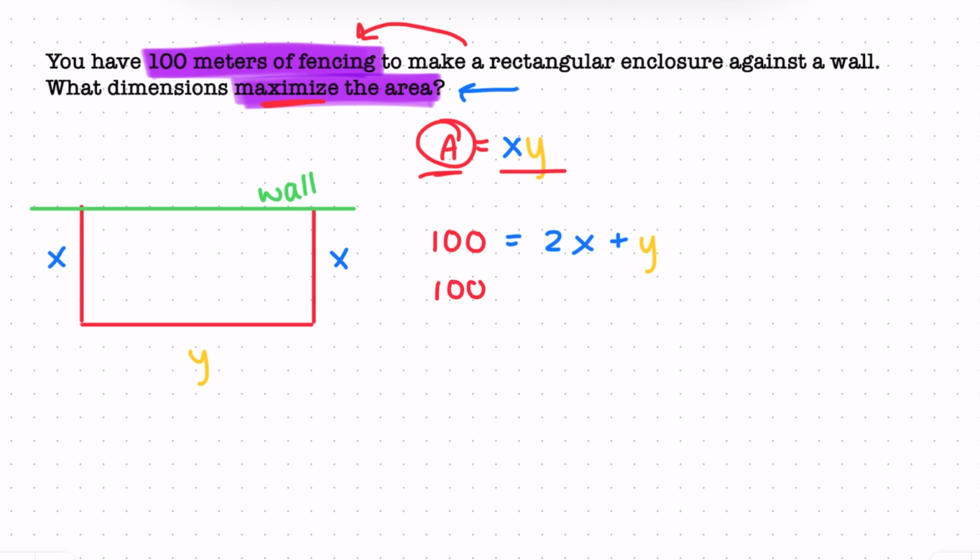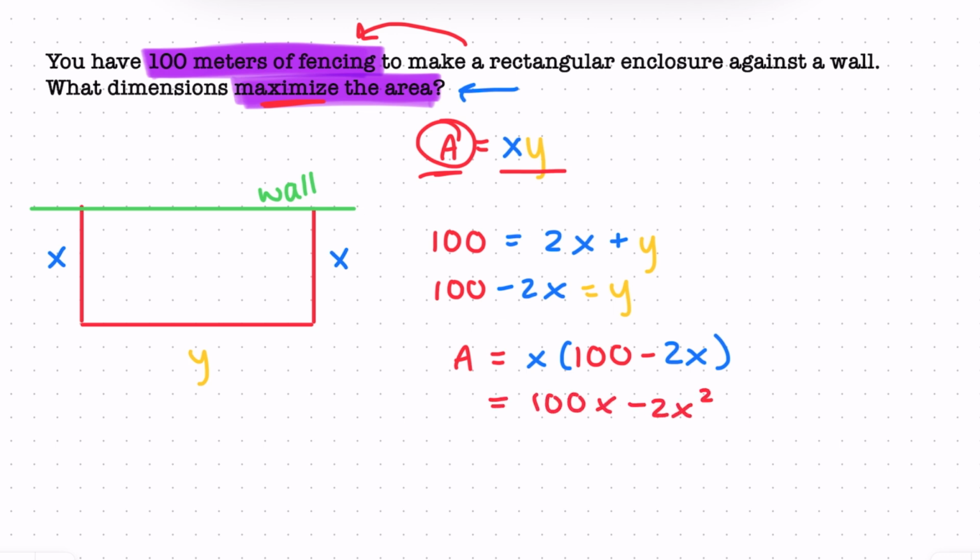So 100 minus 2x is equal to y, which means that our area is equal to x multiplied by 100 minus 2x. And we can expand that to 100x minus 2x squared.